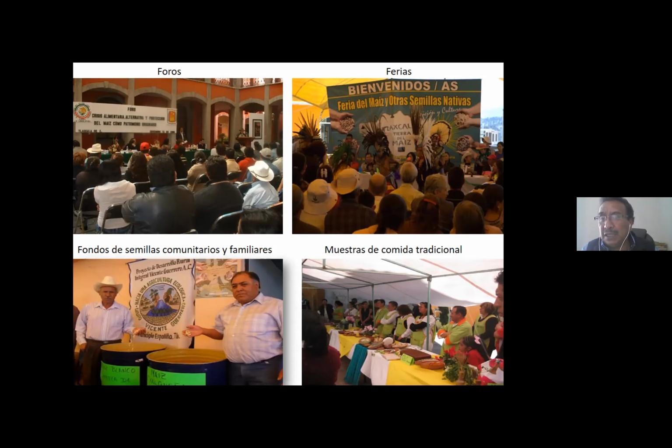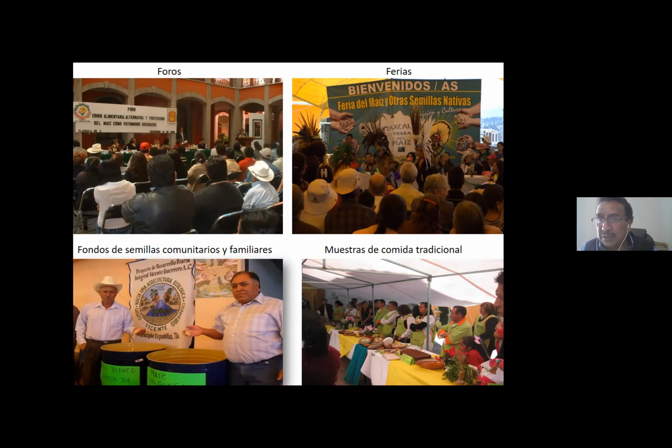These reserves of different varieties of corn are very important, especially for families who may not have much money. They have this reserve because if any type of contingency occurs, if some climate or weather problems happen, they have this corn to use for the next seasons. Also, at these fairs, we share traditional food.